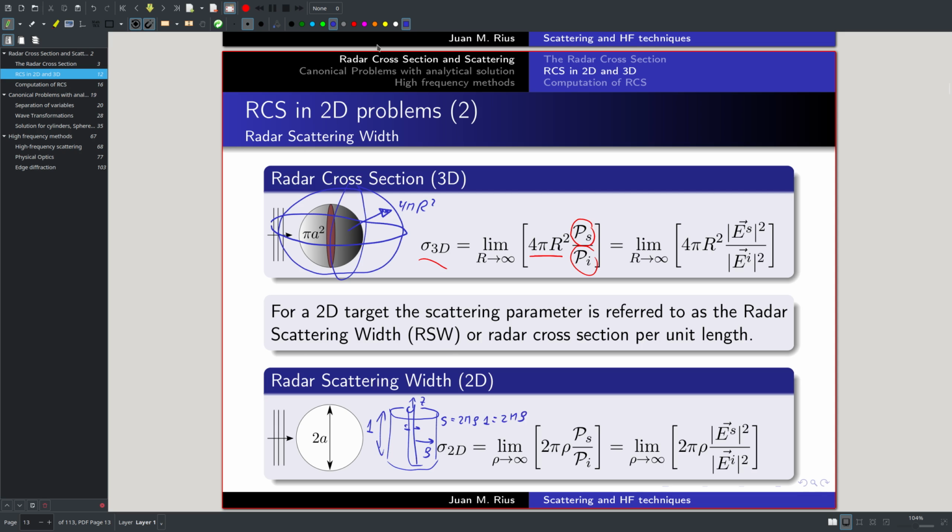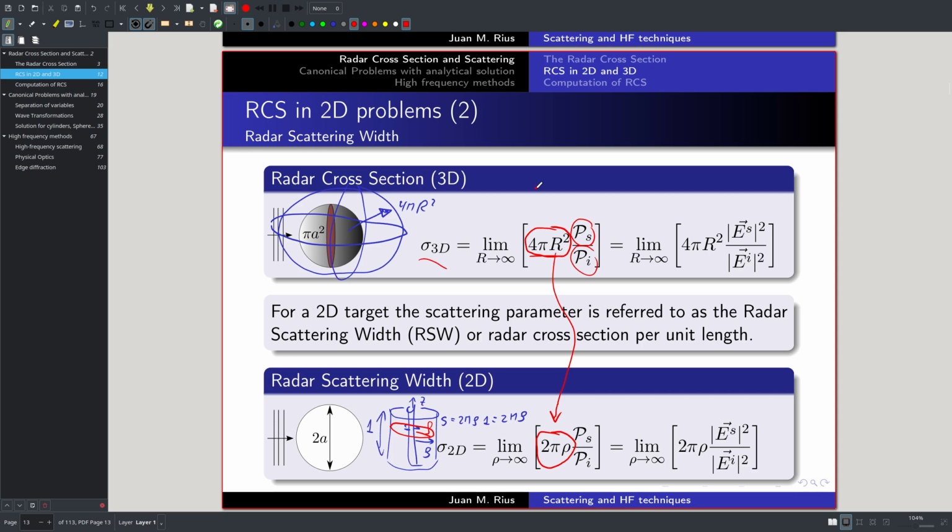So the 4 pi r squared of three-dimensional problems is replaced by 2 pi rho in two-dimensional problems, because the surface of the scattered wavefront is the circumference of the cylinder, 2 pi rho, remember rho, the distance to the z-axis, times 1, which is the height when we compute magnitudes per unit length.